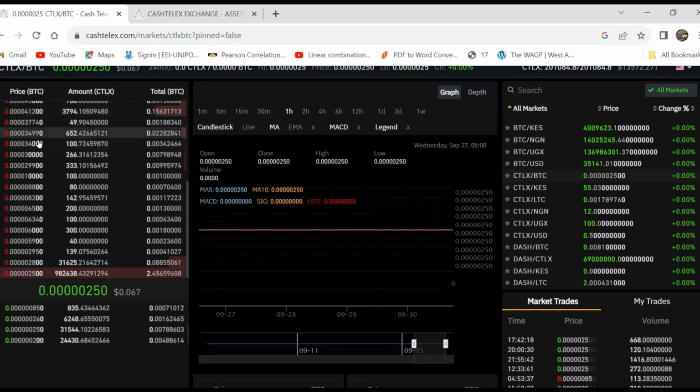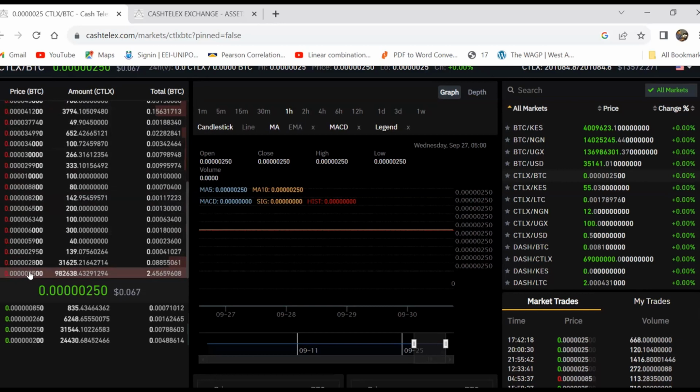Let's go to the list here. Price BTC. So now somebody is selling at the rate at which we are selling on the exchange. So he's selling at this price.